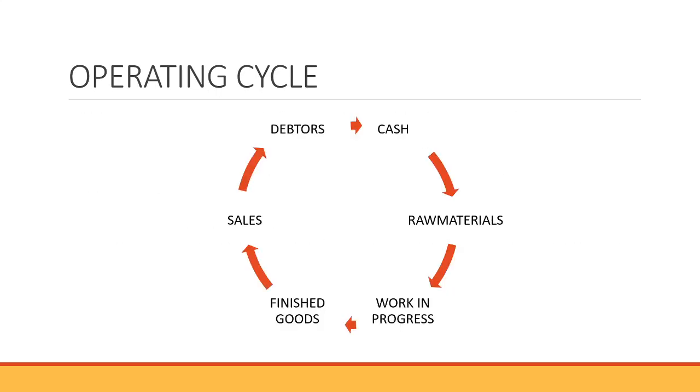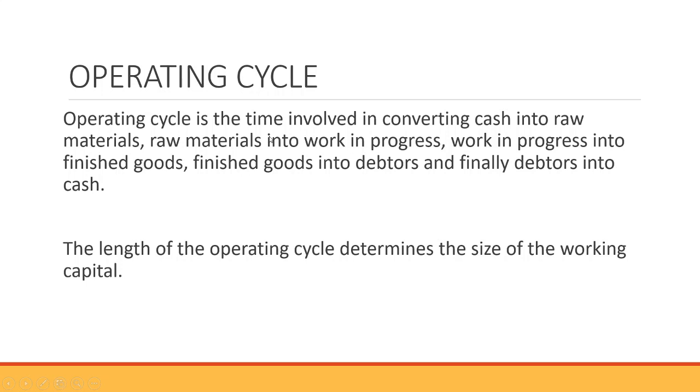We can understand it through this picture, a cycle of movement of cash. Cash is converted into raw materials, then into work in progress, then into finished goods, and then again it is converted into sales. If it is cash sales, we receive the cash immediately. Otherwise, if it is a credit sale, the sales is converted into debtors, and finally the debtors make the payment.